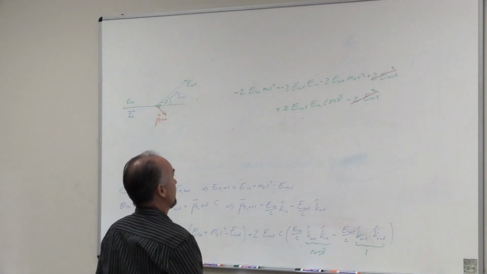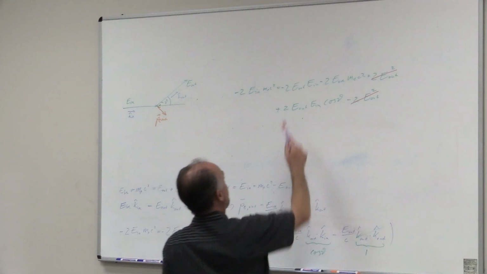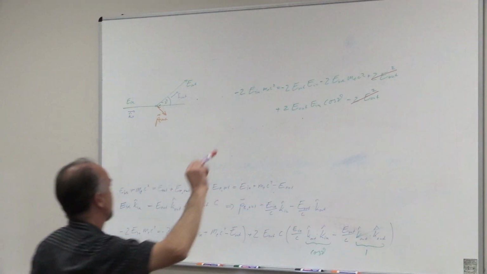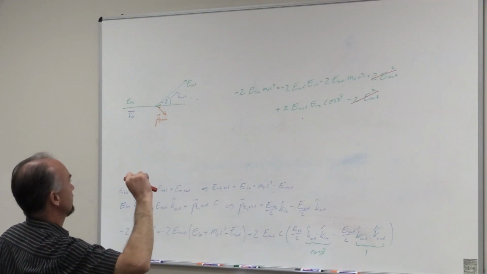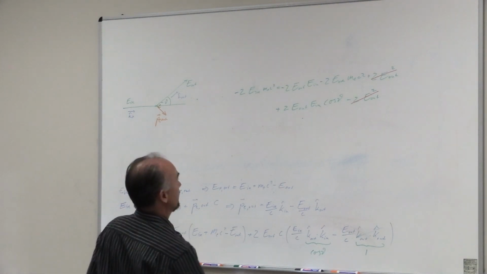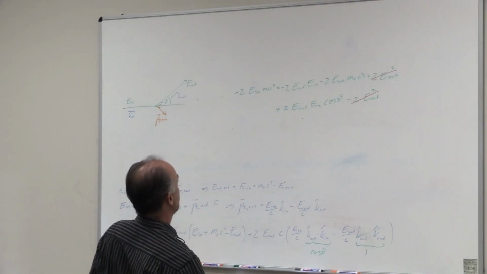Now, what we want to get out is this E_out. Let's see if there's anything else we have here.